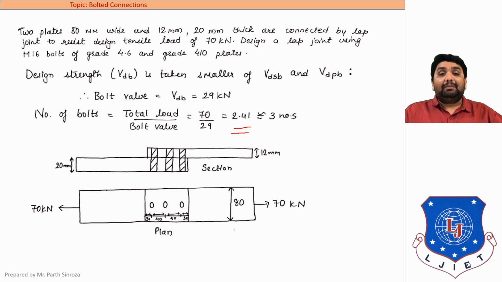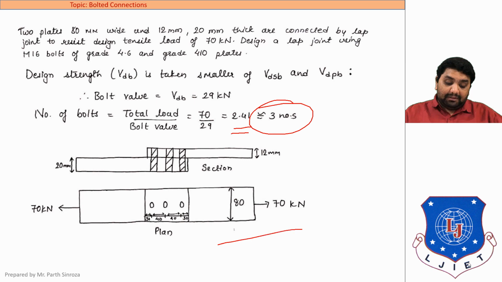That means we minimum require 2.41 bolts to withstand this 70 kilonewton load. But as we know we can't cut a bolt into 41% of a bolt, so we will take the higher number, that is providing 3 bolts, and then it is mandatory to provide the figure at the last.